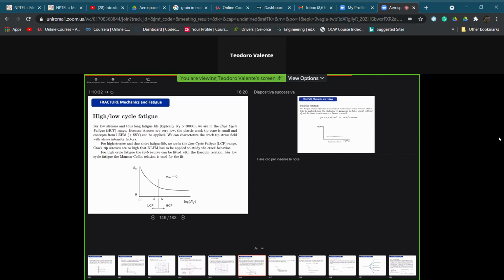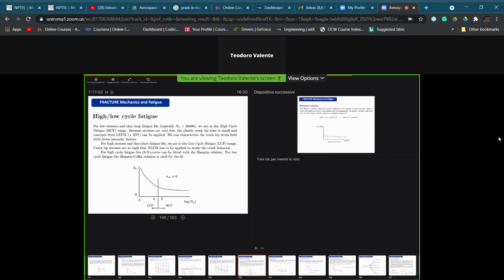When we do have high stresses, typically stresses which are going also to exceed the yielding strength of the materials itself, we have short fatigue life, that is, a reduced number of cycles between failure. And this is the case of the so-called LCF range, that is, low cycle fatigue range.